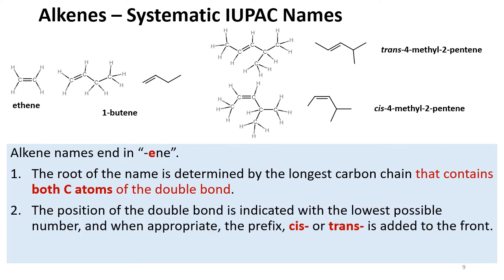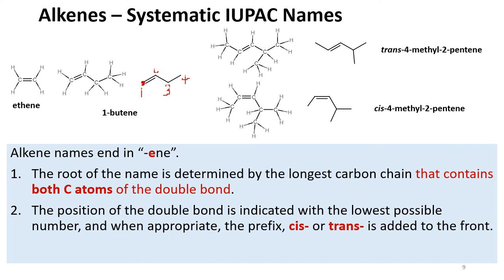The position of the double bond is indicated using a number, and we're going to choose the lower number. Look at 1-butene. When you see a 1, that means the carbon of the double bond is going to be on the end. And we choose the numbering that gets us to the double bond faster. It's 1, if we count 1, 2, 3, 4.